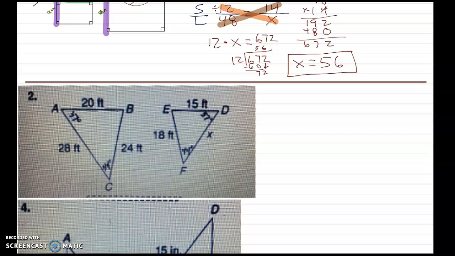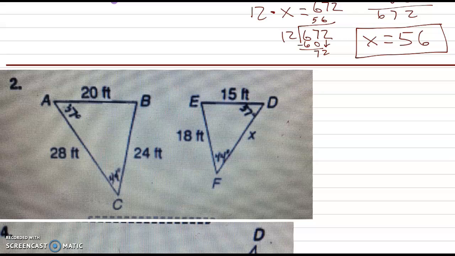So we really have to be careful on looking at the angles and making sure that we are using the right ones. If you're a highlighter person, whether you're using a Chromebook or paper or whatever, I strongly recommend highlighting corresponding angles.